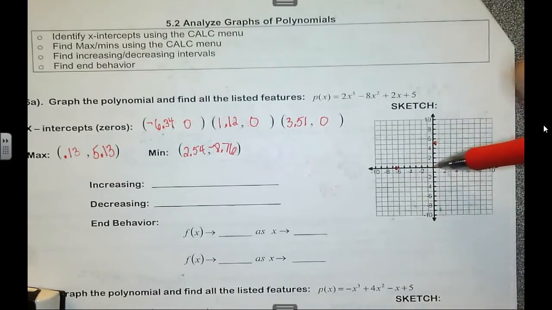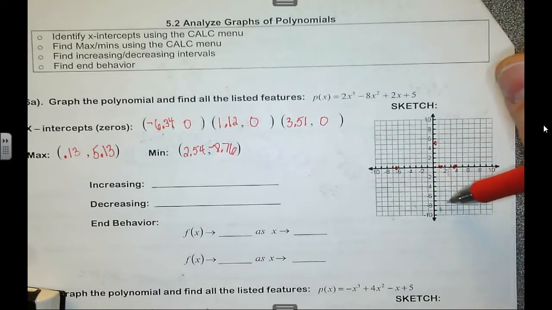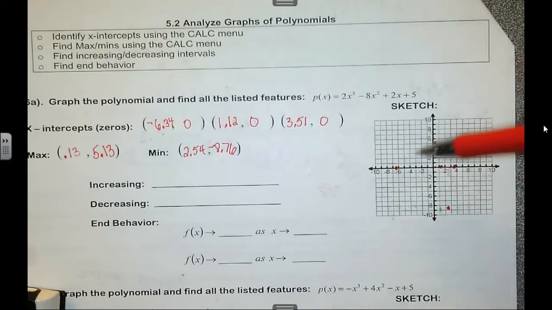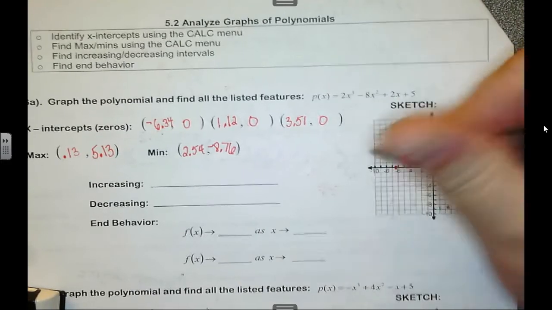My min, 2.5, negative 8, almost 9. This should be negative.